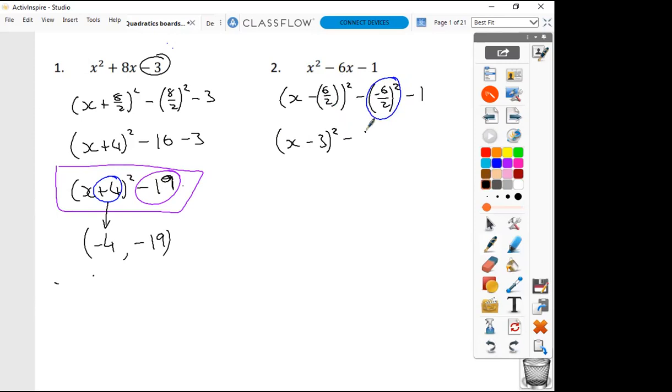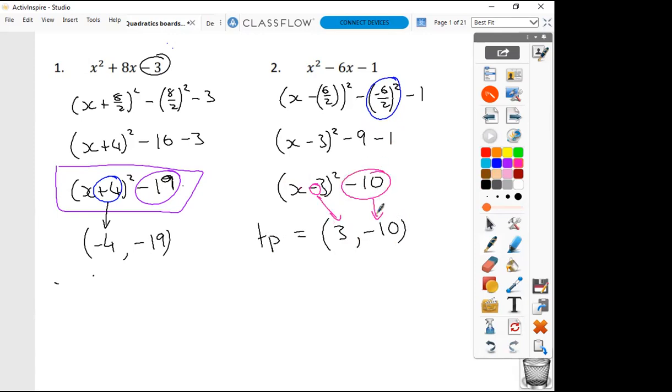So we're going to get negative 9, negative 1. Our final line is going to be (x minus 3) squared minus 10. So our turning point will equal 3, negative 10. We've changed that sign as we bring it down into the x coordinate, and we keep that as is to bring into the y coordinate. So by completing the square, we can find the turning point.